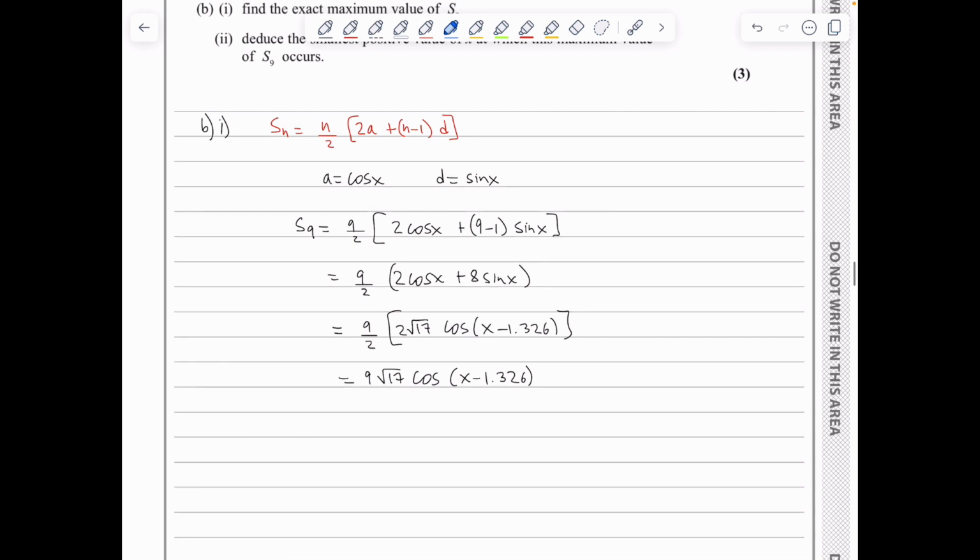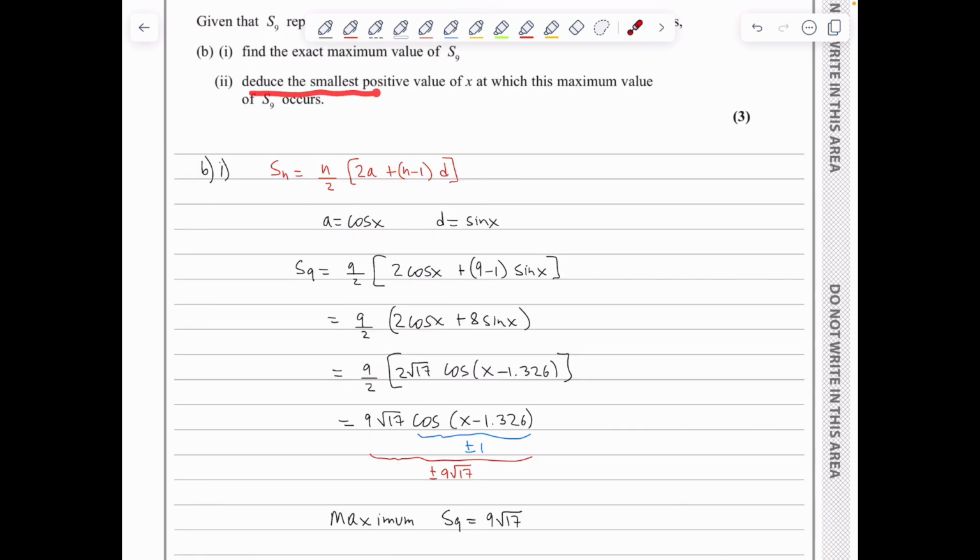Now we know that cos of any angle varies between plus minus 1, and therefore the 9 root 17 times the cosine will vary between plus minus 9 root 17. This means that we can easily conclude that the maximum value for S9 will be 9 times the root of 17.